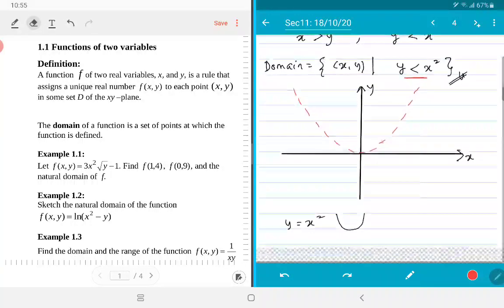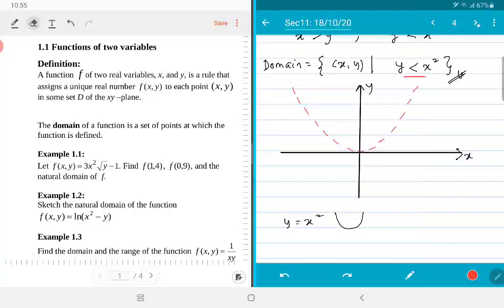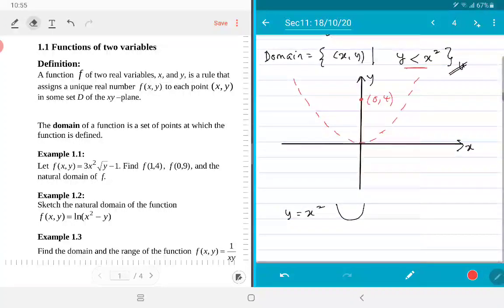What you need to do is pick a point in one of the regions. Let's say you pick this point, roughly x is 0, y is 4. What we want is y less than x squared. So if y is 4 and x is 0, square that, you get 0.